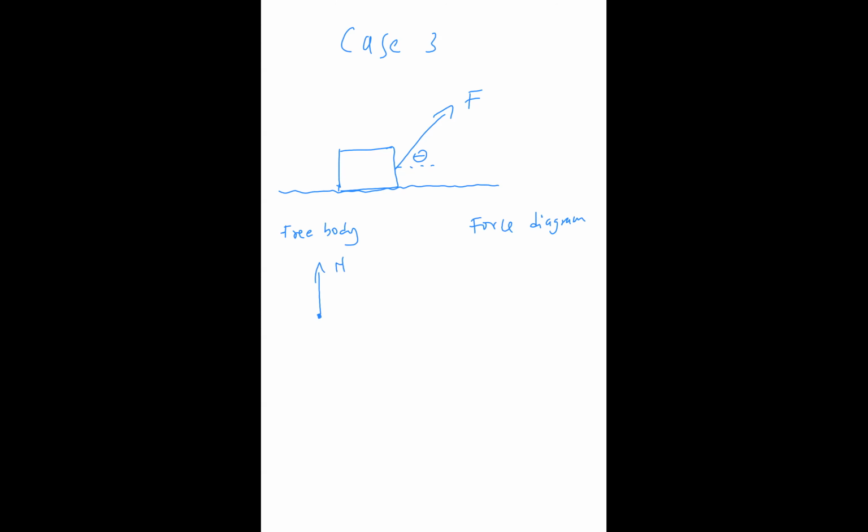This is normal, and this is weight. Of course, we're going to have friction. I will assume that the object is moving. And you can see we have F applied here. Then for a force diagram, it is more or less the same as free body. It's just that we don't use a dot, we use a small box.